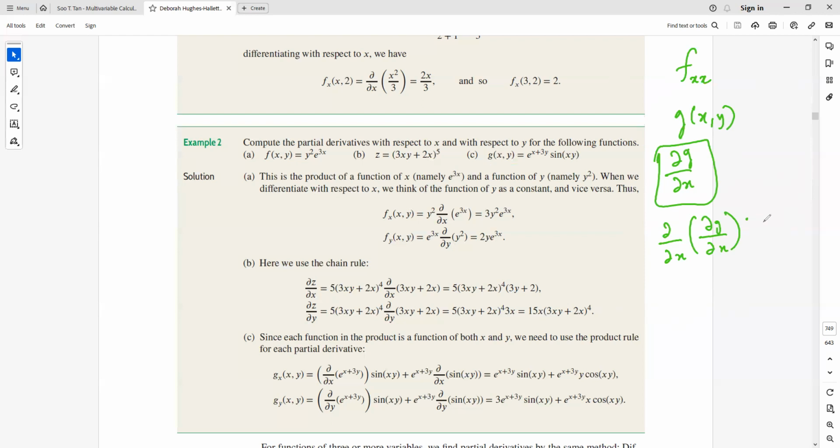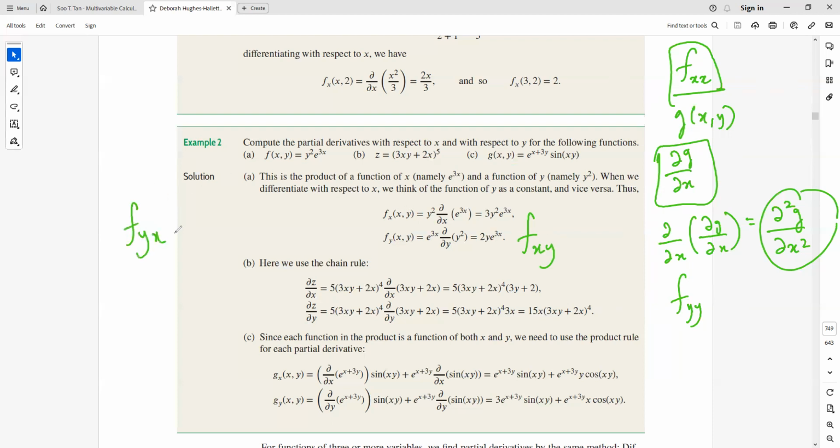So fxx means we need to differentiate the function twice with respect to x. Similarly, fyy means differentiating the function twice with respect to y, and fxy means differentiating the function first with respect to x and then with respect to y, and fyx means differentiating the function first with respect to y and then with respect to x.